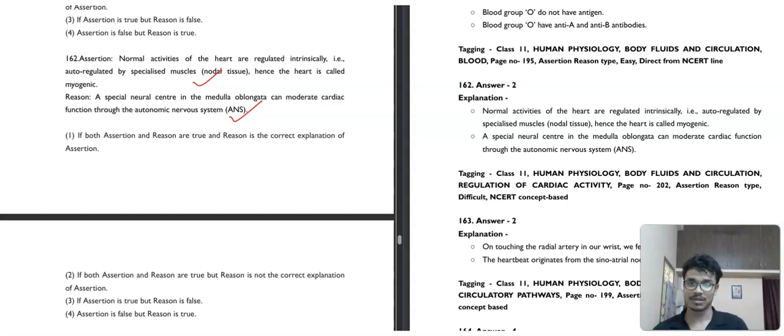But the assertion says that normal activities of the heart are regulated intrinsically by specialized muscles. So this is a different thing. The ANS and the heart being myogenic are not related. That's why both statements are correct, but the reason is not the correct explanation for the assertion. So the second option will be the best suitable answer.